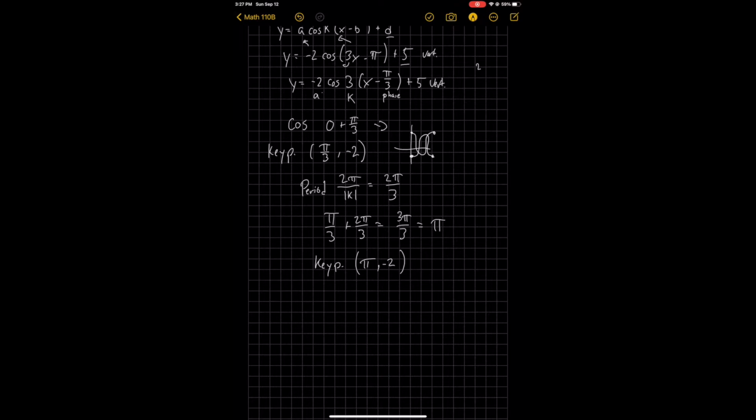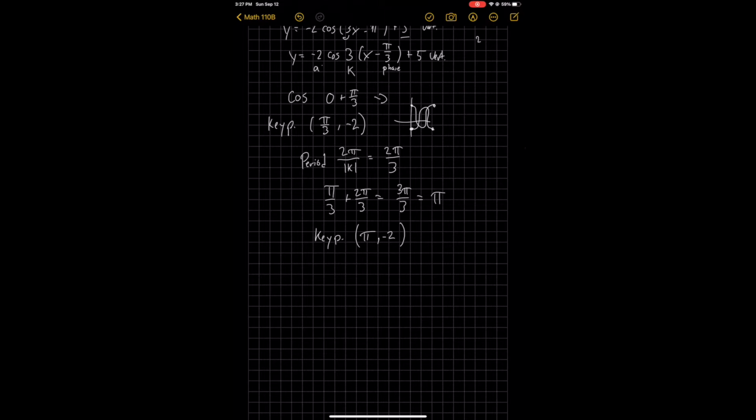And with cosine, we have another key point right in the middle, which is going to be pi over 3 plus pi over 3, and that's going to be 2 pi over 3, and that's going to be the max, and the max in this case would be 2.